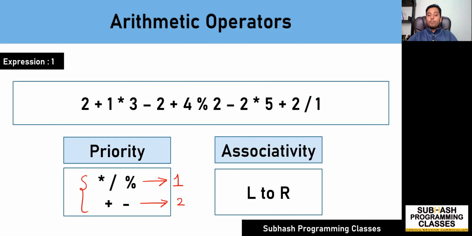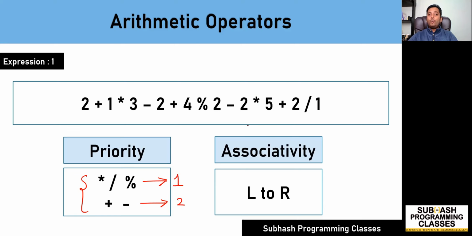And we have the division operator, which again has the same first priority. Now, when you have an expression that contains multiple operators with the same priority, which one will you evaluate first? Should I evaluate star first, or modulo first, or division first, or again this star first? Which one should I evaluate first, isn't it?